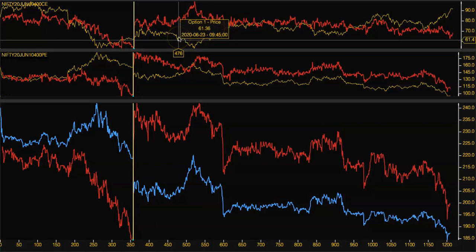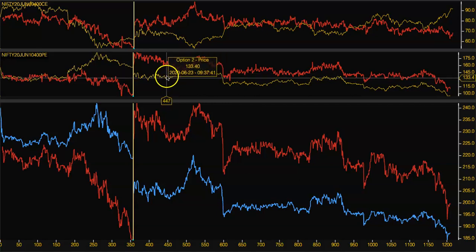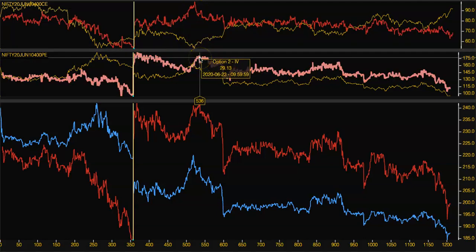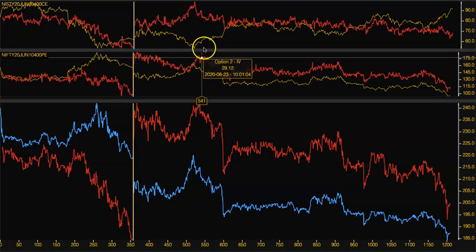This golden color is the option price of the CE, and in the second row it is the option price of the PE. This red color is the option IV, and here is the option IV of the put option. You can see the IV is around 25 and the put IV is around 29.